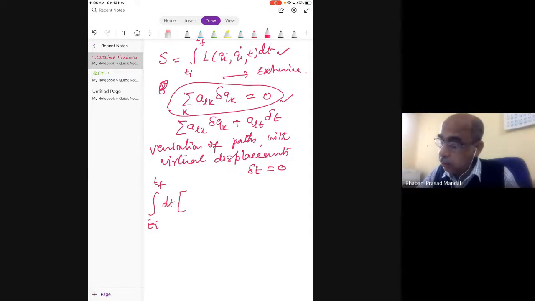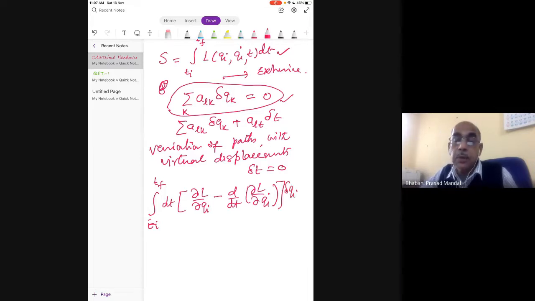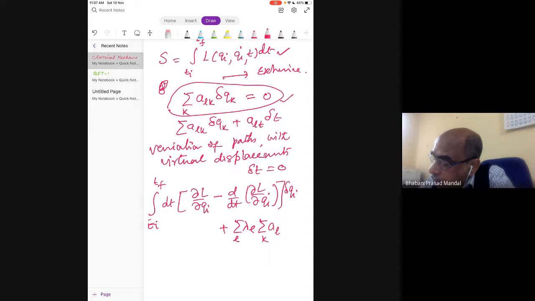This we have already done. I'm not saying this is equal to 0, but this is coming from the action. Then we have to use the sum over lambda_l, and then the sum over k of a_lk delta q_k. Its variation along the path has to be taken, so it will also be inside this integration.